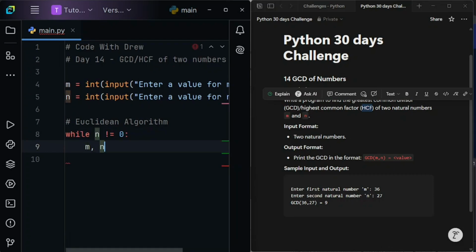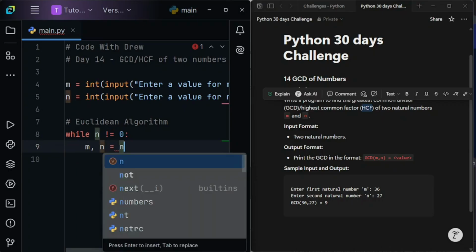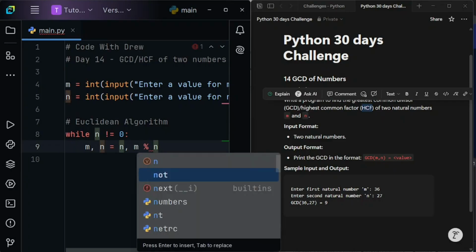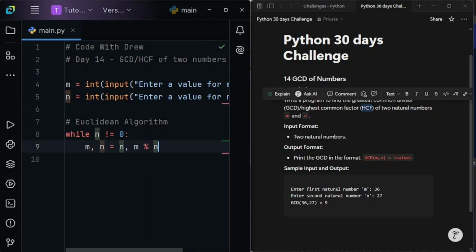We want to constantly keep repeating, changing m to n, and changing n to the remainder when we divide m by n. We keep doing this until n is equal to 0.